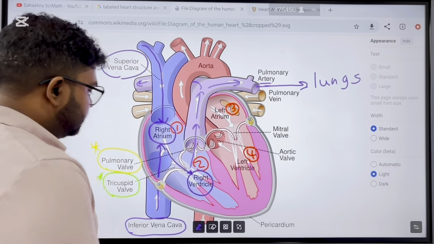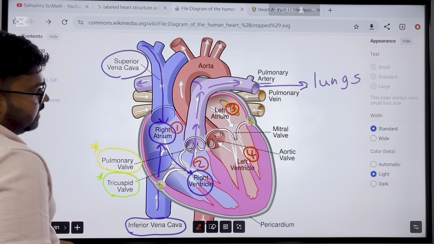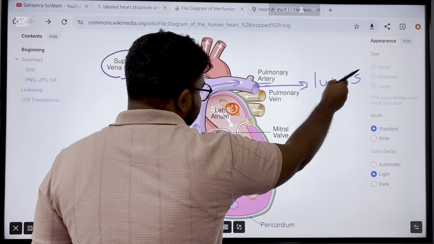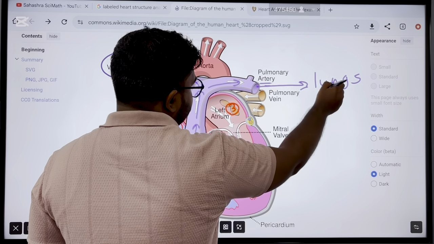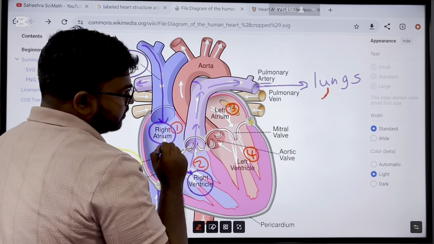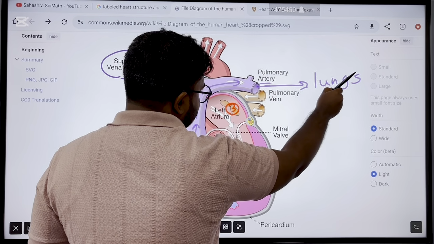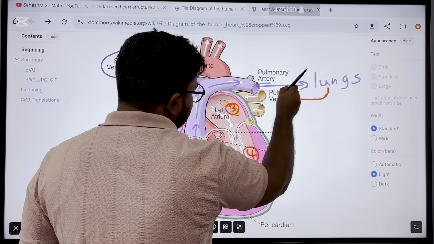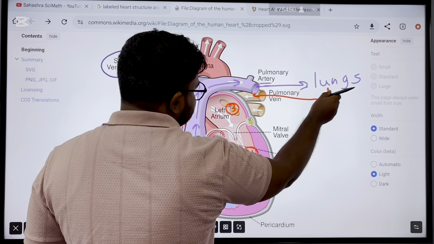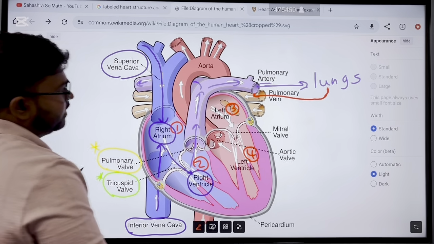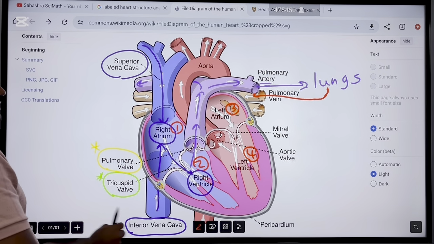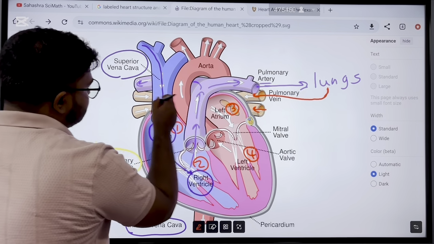Now there is oxygenated blood. I am drawing this in red color. So this is oxygenated blood. Then oxygenated blood enters into the pulmonary vein. These are branches of the pulmonary vein.